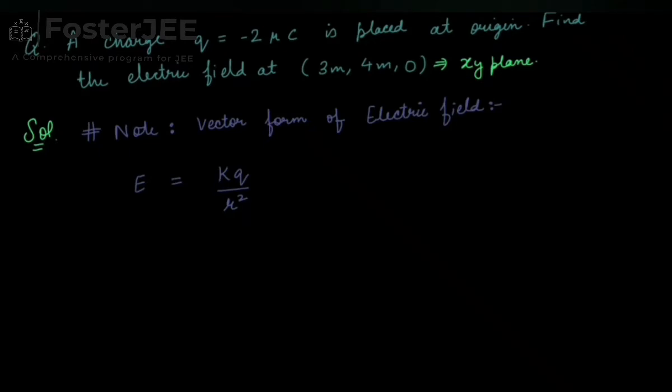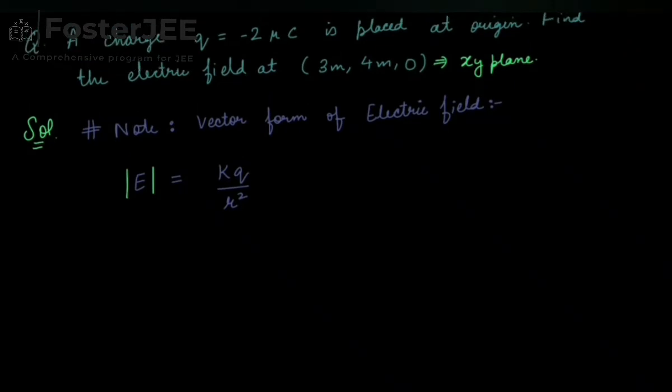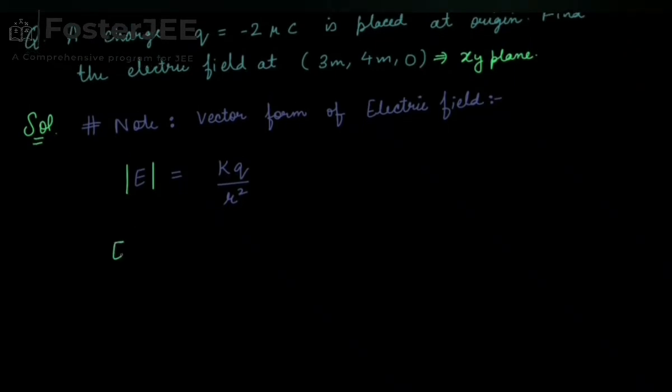Now, we know this is only the magnitude. But since electric field is a vector quantity, any vector quantity can be represented as the product of its magnitude and its unit vector, that is E cap.